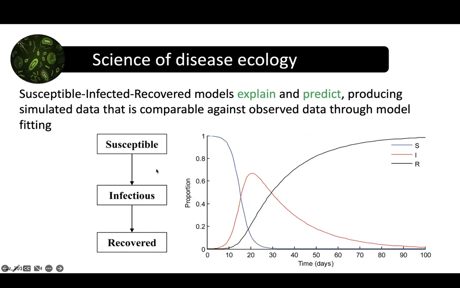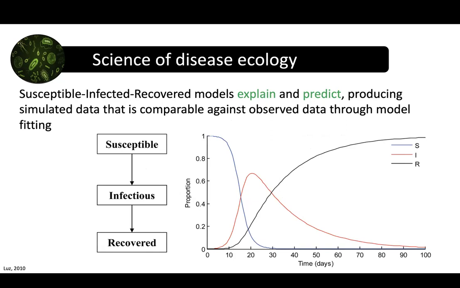So now we have gone over a lot of the terminology used in disease ecology, but we mentioned before that ecology uses models to demonstrate what's happening, demonstrate observations, and predict patterns in data. So how do we do that with disease ecology? There's a certain type of model called susceptible, infected, recovered, or SIR.